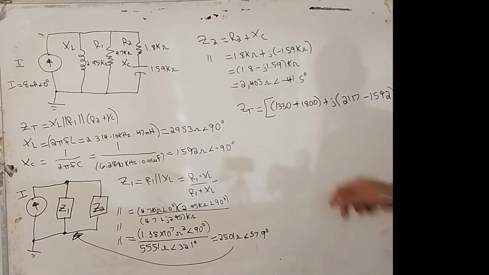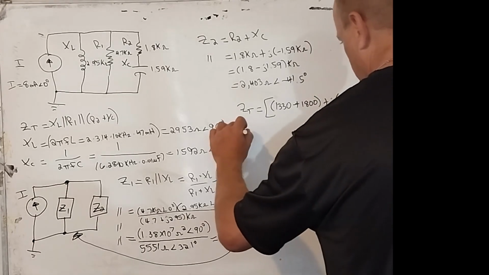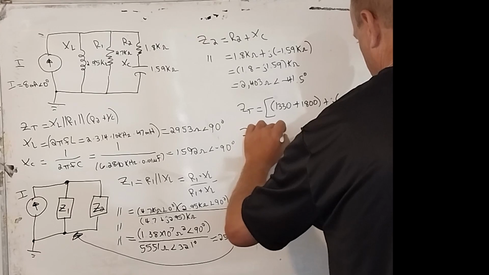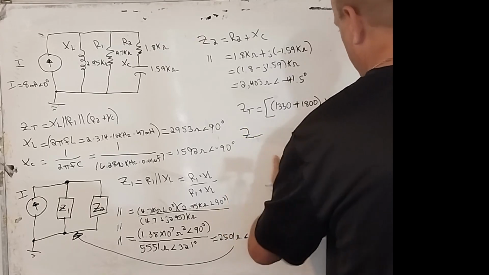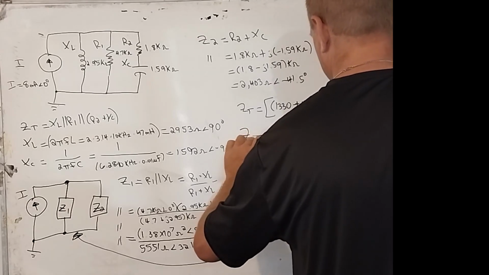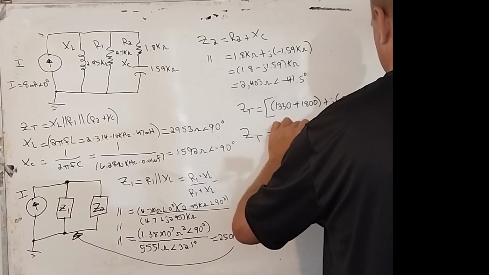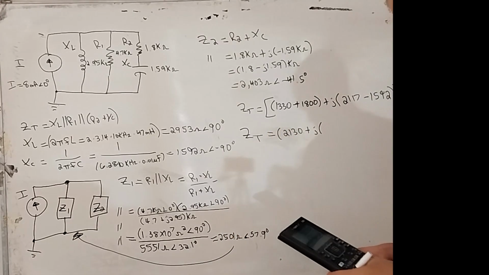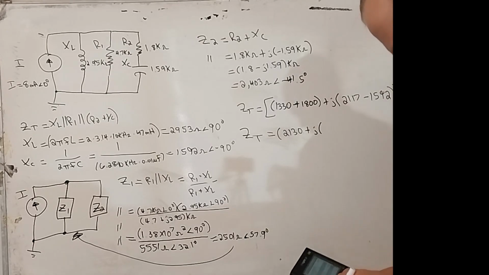Let's add those together. This is pretty easy. That's another 1,000, that makes 2,800, and then 1330, that makes 3130. Oh, making my numbers bad. And then this is going to be a positive j, and this value minus 1592 or 1591.